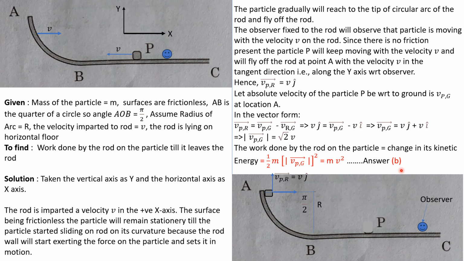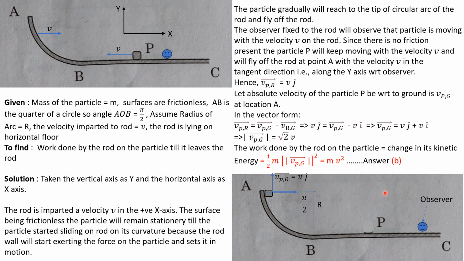Hope you understood the problem. To understand the relative motion concept easily, think that the observer is tied to the rod and moving with the same velocity with respect to ground as the rod was moving.